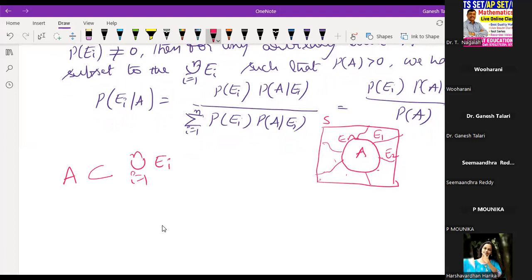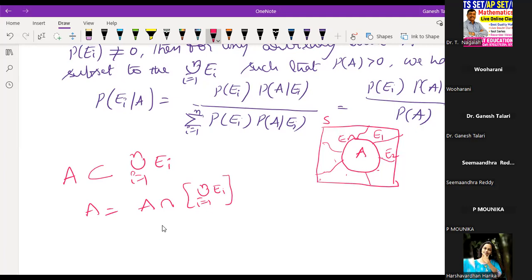Then can I write A is A intersection the union of Ei? Because A is a subset of the union of Ei, A is A intersection the union of Ei.